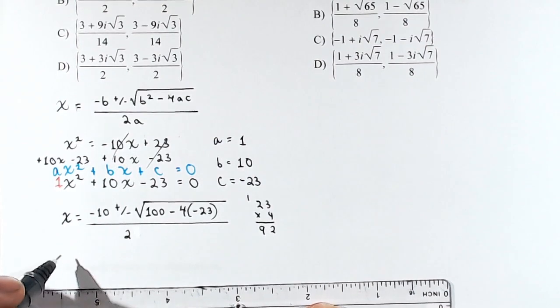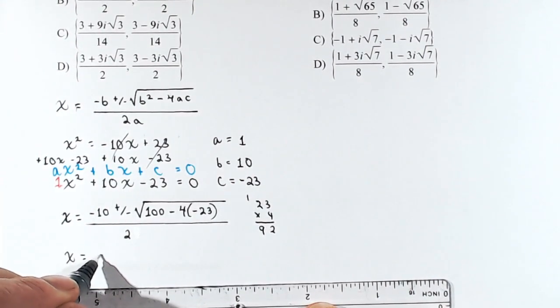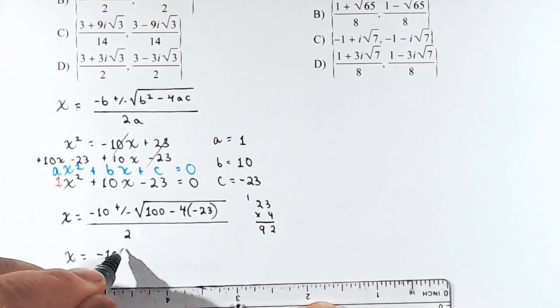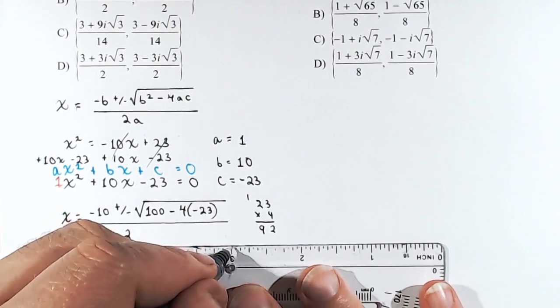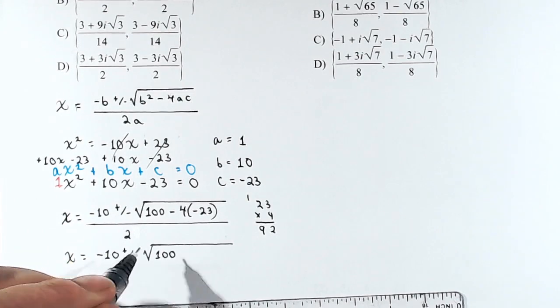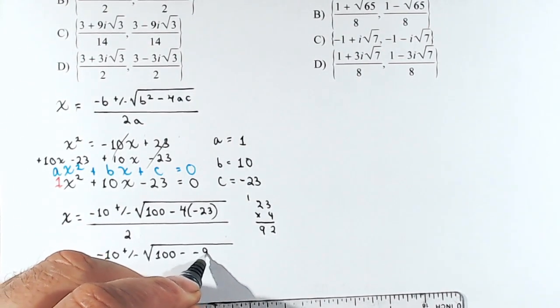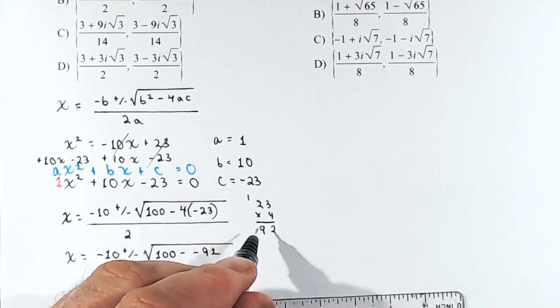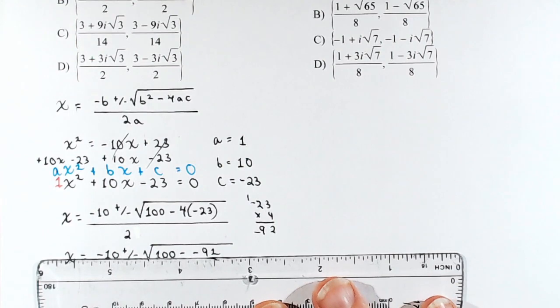So let's rewrite. I have x equals negative 10 plus or minus the square root of 100, which was 10 squared, b squared, 100, minus negative 92, because it was negative 23 times 4. So that is one place where the order of operations would have killed you, because now you have this double negative in here.